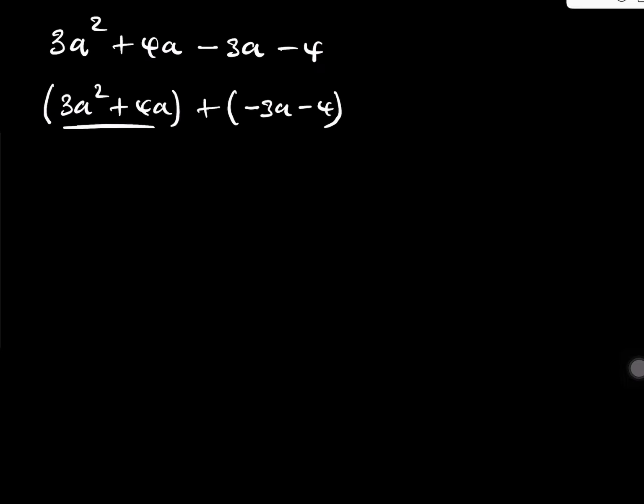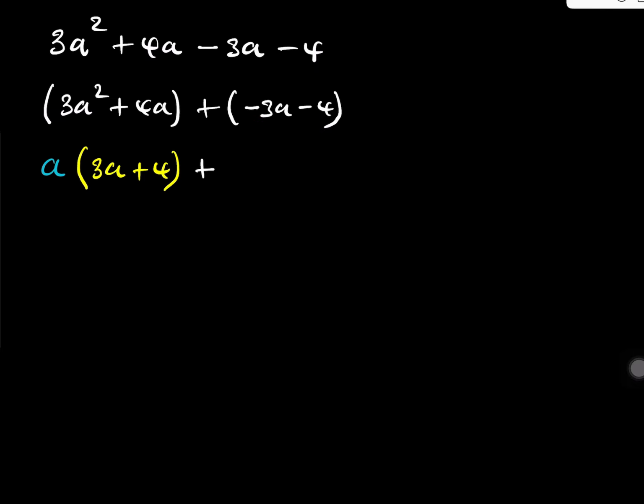Now you take what is common in the first bracket. So a is common there. Now you're going to take out that a, and then you'll be left with possibly 3a plus 4. Okay, it's not difficult at all. You still have this operator, which is plus. Now, if you check what is common here, you will see that negative is common.